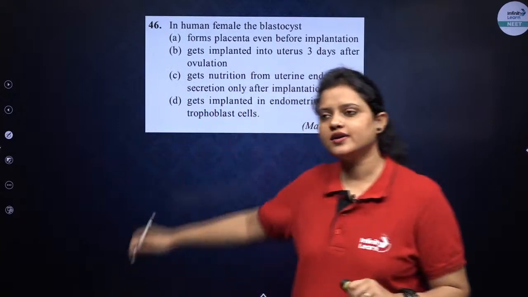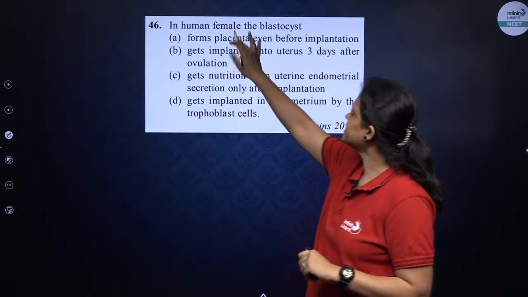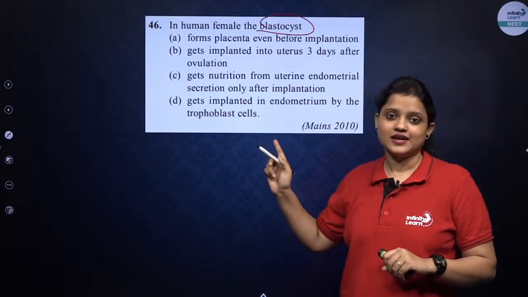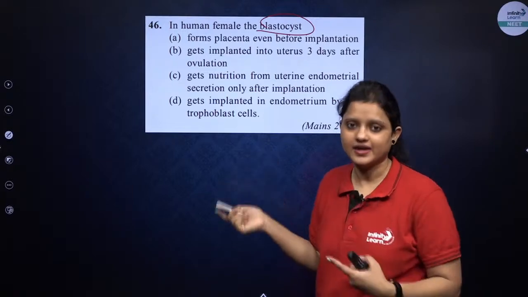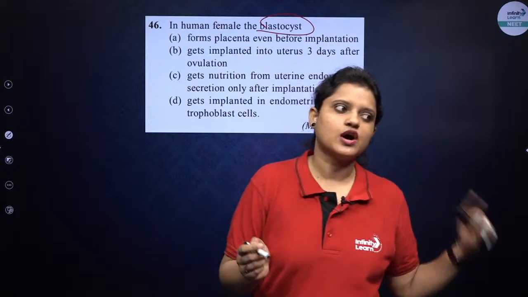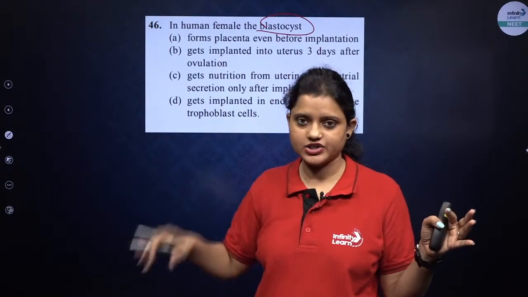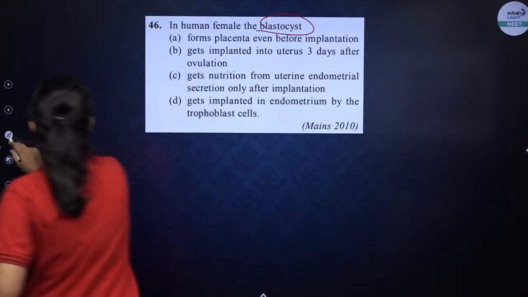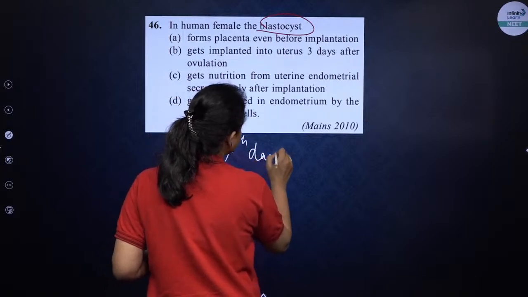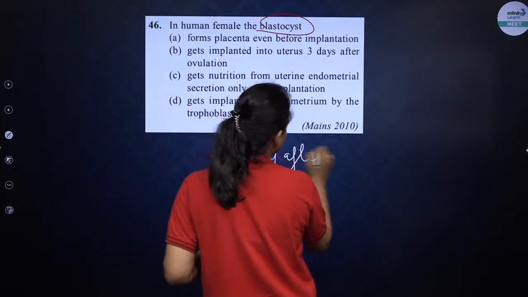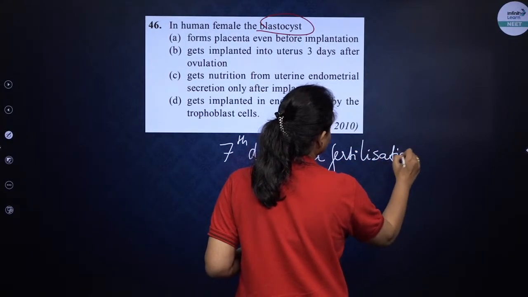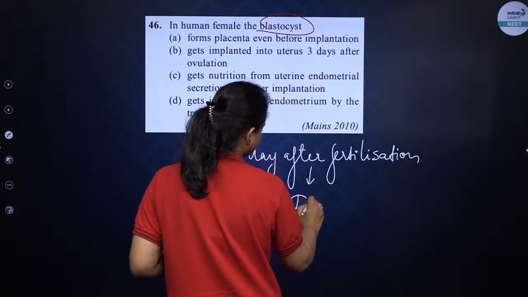Next question, let's see who answers this correctly. In humans, female, the blastocyst stage is implanted. When does implantation happen? After 7th day of fertilization. So after 7th day of fertilization, there is implantation of blastocyst. Let's write it down. 7th day after fertilization, there is implantation.